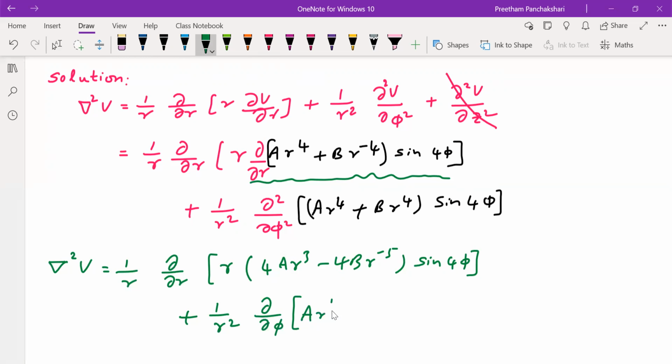So r terms remain same, no change. Differentiation of sine is cos 4 phi into differentiation of 4 phi is 4.